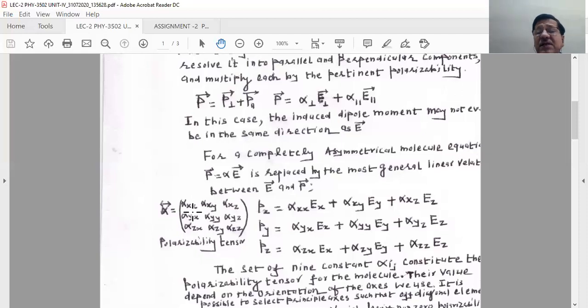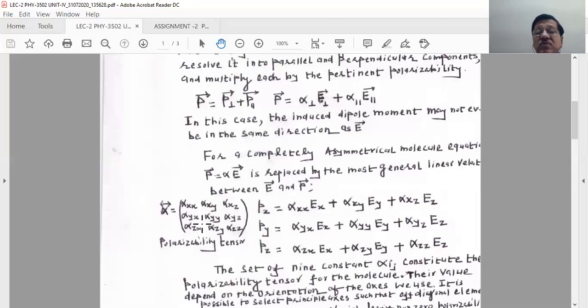So you have basically a set of numbers, this alpha xx, alpha xy, alpha xz, which basically specify the characteristic of a system, and that is studied with the help of a tensor.